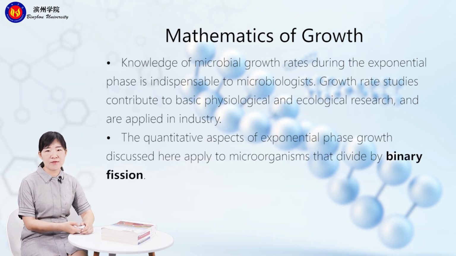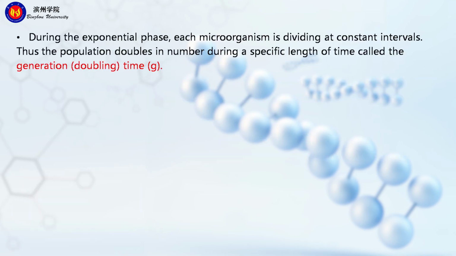The quantitative aspects of exponential phase growth discussed here apply to microorganisms that divide by binary fission. During the exponential phase, each microorganism is dividing at constant intervals. Thus, the population doubles in number during a specific length of time. We call it generation or doubling time.